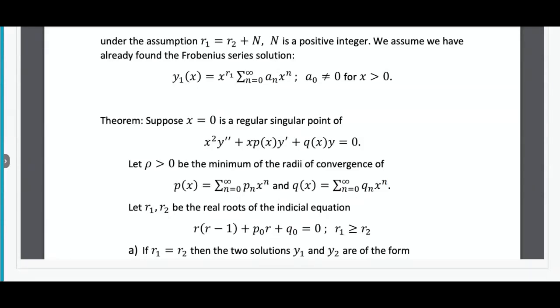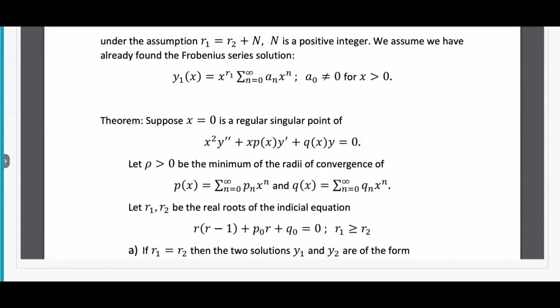Anyone has any questions? I have one quick question. In general, when you're using the Frobenius method, you want a regular singular point, right? That's right. And for the general use of the series, you just need an ordinary point, right?